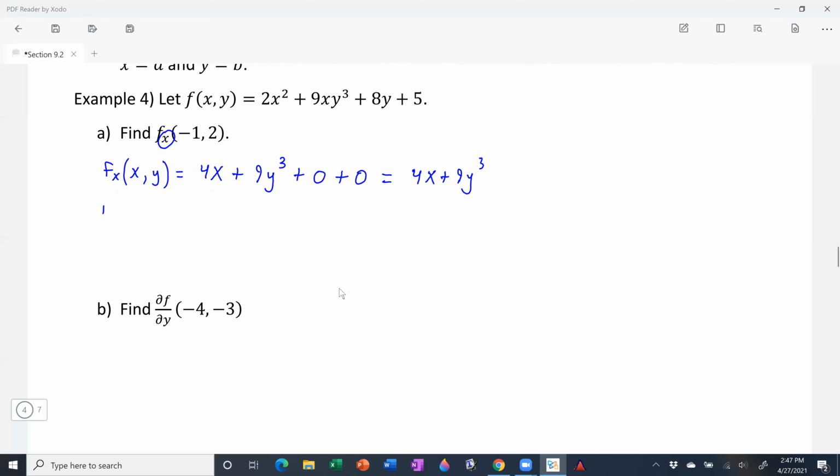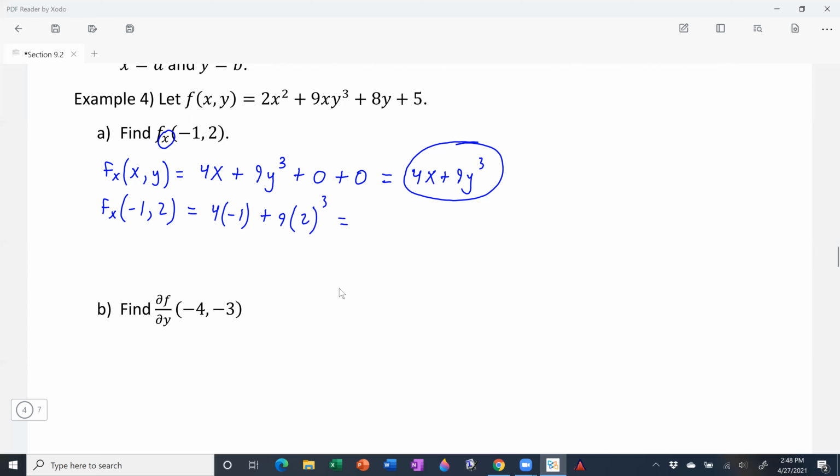Now if we wanted fx, plugging in -1 and 2, we just plug it into this expression. So -1 goes in for x, so it's 4 times -1 plus 9 times 2 goes in for y.